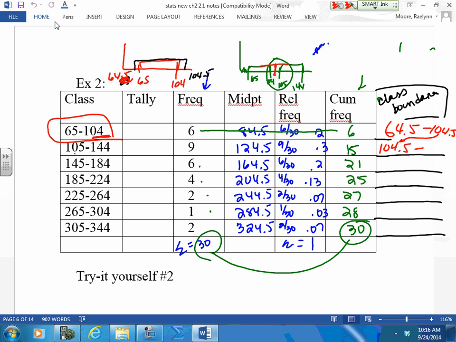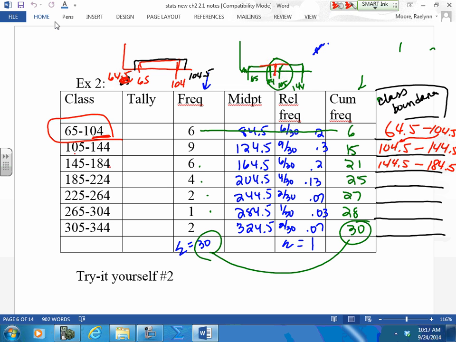And so what is half of 1? 0.5. So if each one moves 0.5 over, we met that. So that's exactly why we add the 0.5 and subtract the 0.5. So we take this guy, 144.5. Now, this one's going to start at 144.5, and it's going to go to 184.5.